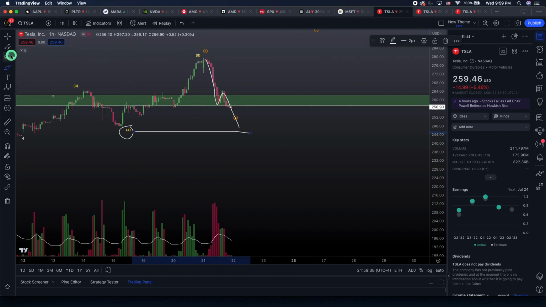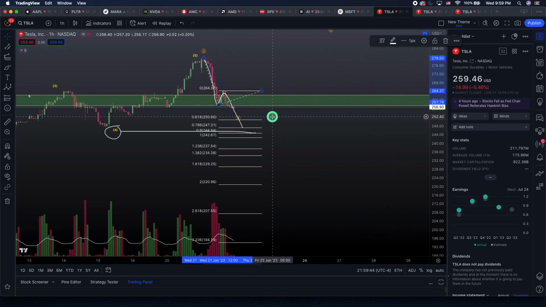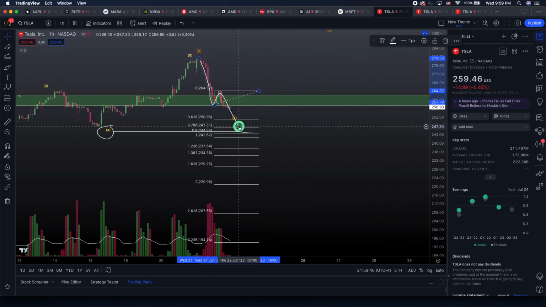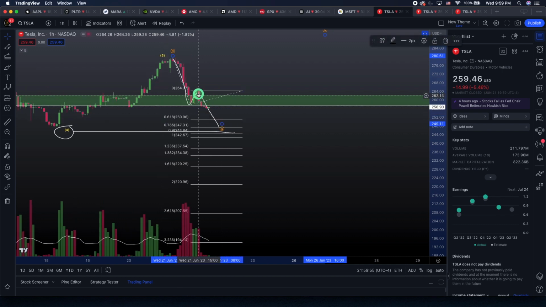That would also kind of give us a 1, 2, 1, 2 right around the 242 area, or the 61.8% extension is fine also for a C wave. Sort of truncated, but it's possible that's where we'll get our bounce around the 250 area.